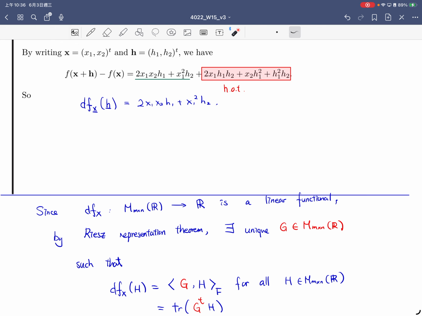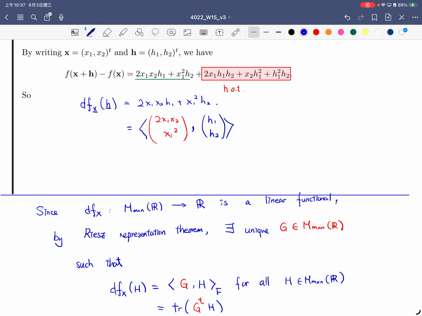Indeed, it's exactly what you did in Calculus 3. Firstly, according to the Riesz representation theorem, we can write it as an inner product. And in this case, it's very simple to write it as an inner product. It's just the inner product of (2x1x2, x1 squared) with (h1, h2).